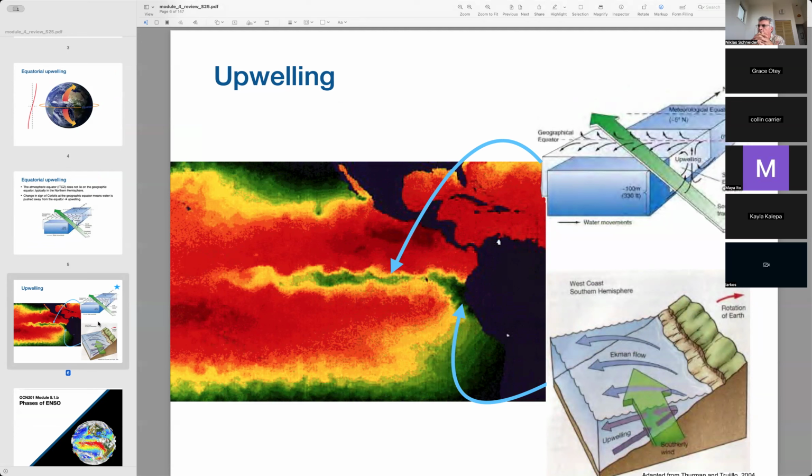So if you apply that first to a coast, as you see in this grainy picture of the coast of South America, you have prevailing winds that are equatorward.